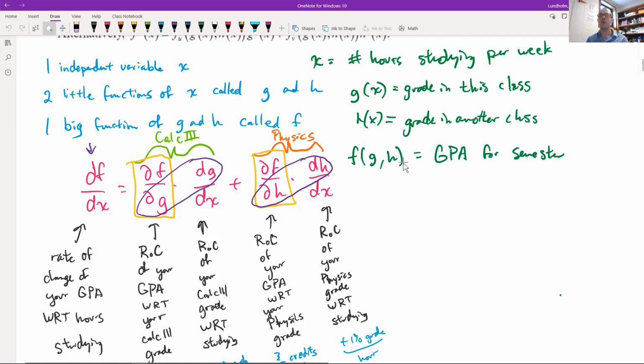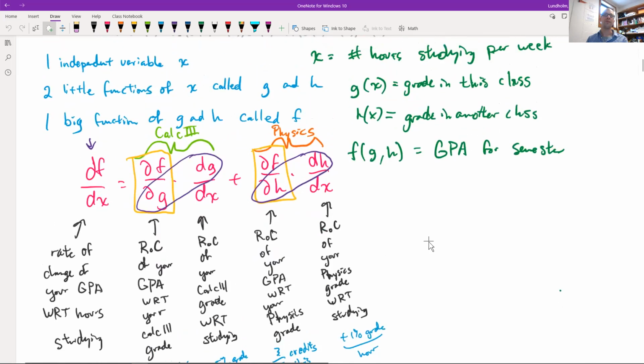So we can look at the rate of change of your GPA, but we have to go through a couple of layers here. The next layer is grades. Those grades are affected by how many hours you study.